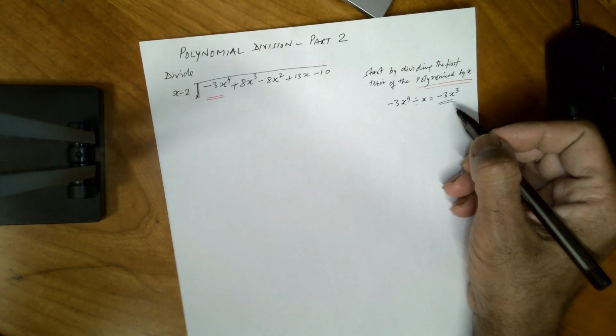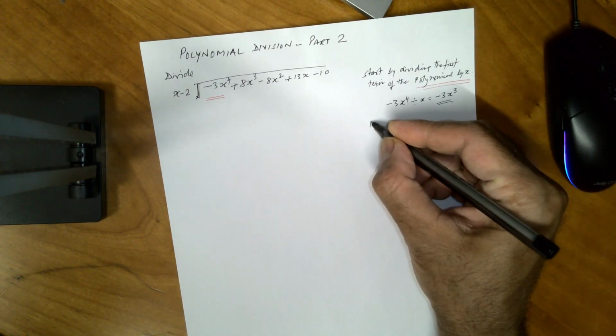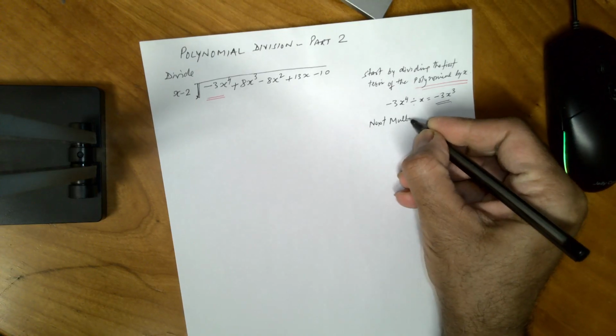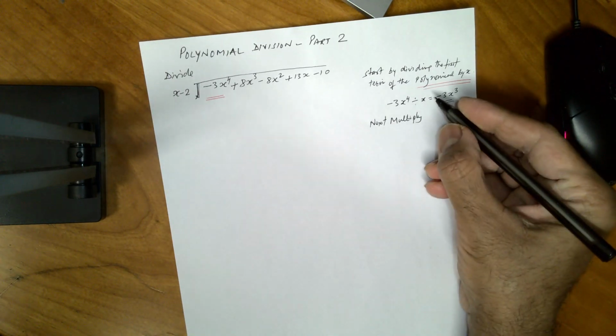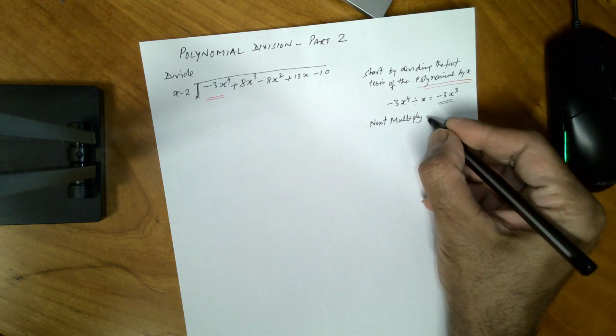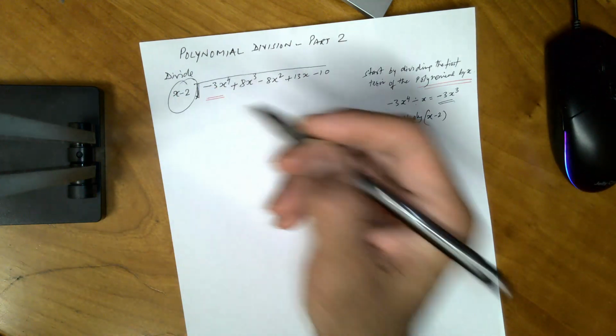Now the next step is that we multiply. We multiply x minus 2, because this is what we are dividing with.